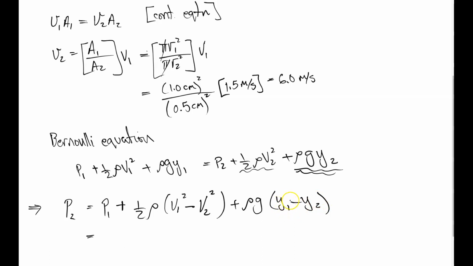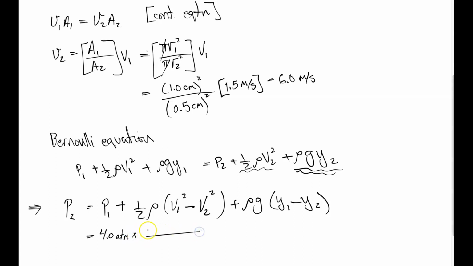So Y2, since Y2 is higher than Y1, this would be minus 5 when we plug this in. So if we plug in our values, we get a pressure of, absolute pressure of 4 atmospheres. So P1 is 4 atmospheres.